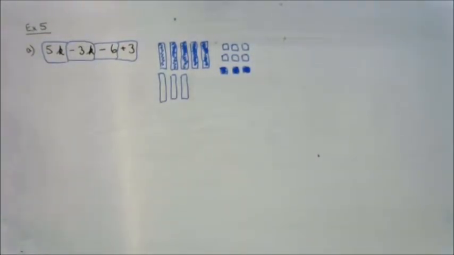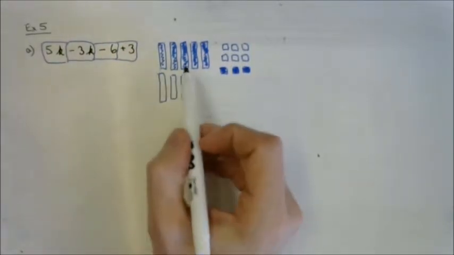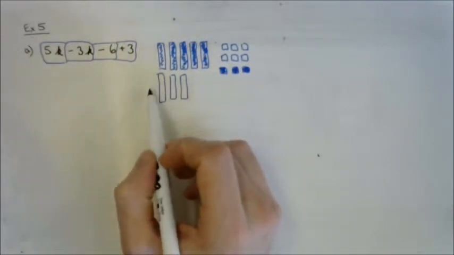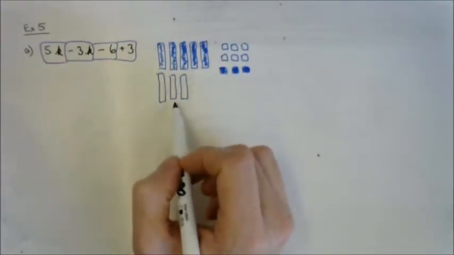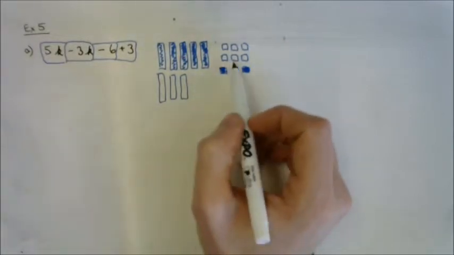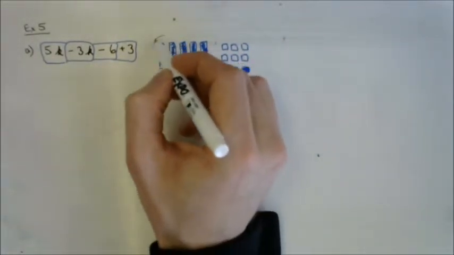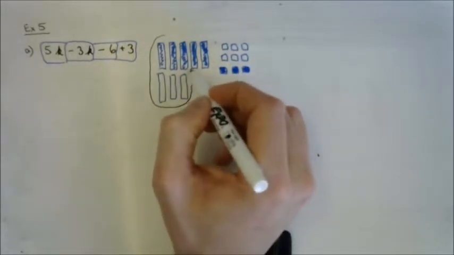Alright, it's not really important how you organized this, but you should be left with something like what I have here. You should have 5 filled in x tiles and 3 filled in unit tiles. Then you should have 3 blank x tiles and 6 blank unit tiles. And so now we can just do our little cancel out.